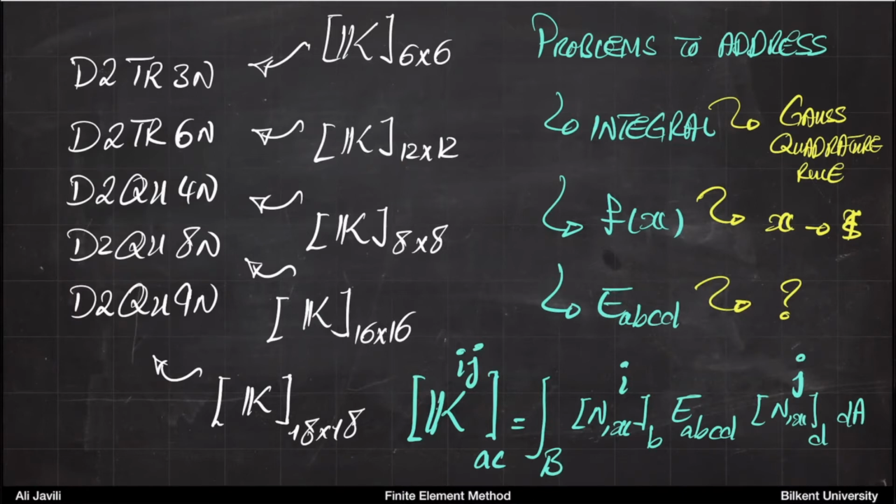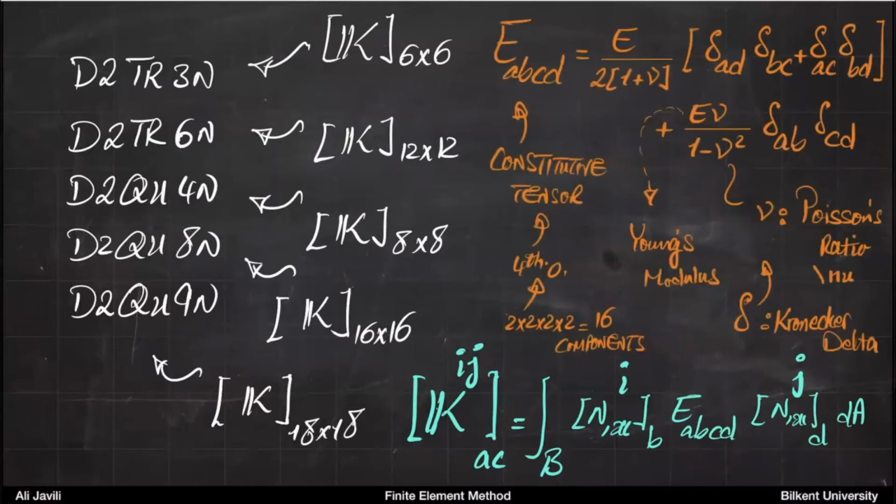So in this case, there are 3 things that we need to elaborate on. One is the constitutive tensor itself. This is just the definition, by the way. It has nothing to do with the space that you integrate on. So this we need to address, and then we need to change the coordinates from the physical space to the natural space, and eventually you need to integrate using Gauss quadrature.